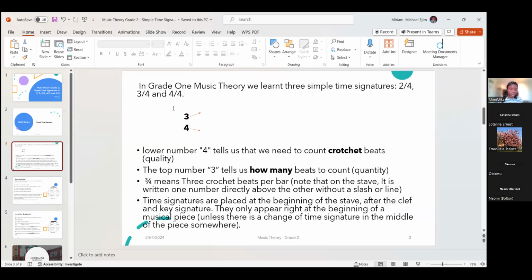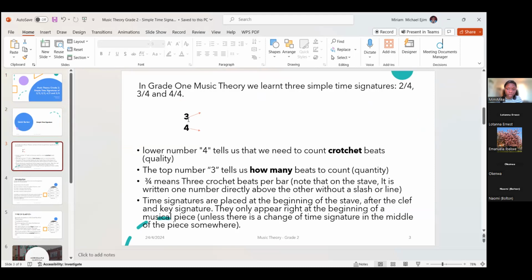So I'm sure we now understand that when we see a time signature, usually at the beginning of the stave, after the clef and the key signature, and then you see it in this format 3-4, as we're taught in the former class. It tells us more about the music we're about to sing. So the lower number, which is 4, tells us the quality of the beats that will be seen in the music.